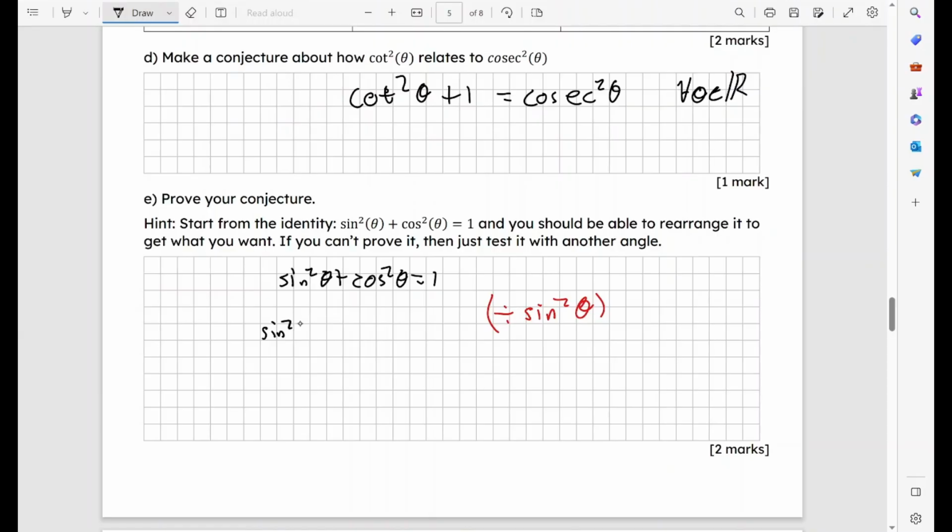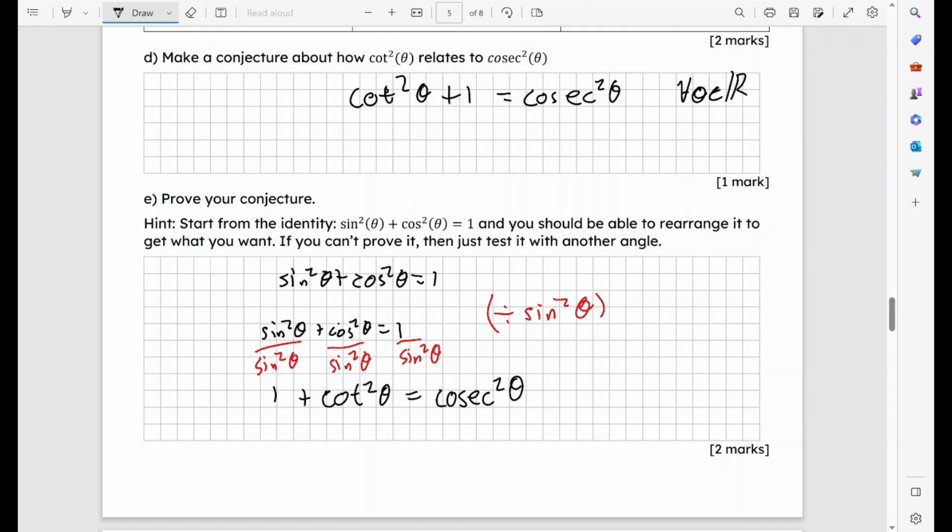So let's do exactly that. What we're going to get is sine squared of theta plus cos squared of theta equals 1, and we're going to be dividing each of those terms by sine squared of theta, and we'll see if that works. All right, so let's see. First term, sine squared over sine squared is just, well, 1. Plus, now cos over sine is like upside down tan, and we have a special name for that. It's cot. And then 1 over sine squared is cosec squared theta.